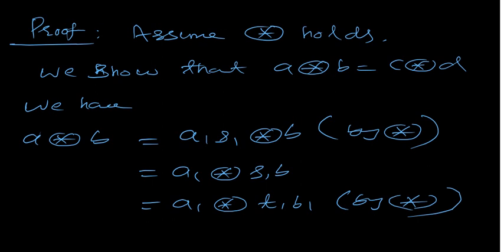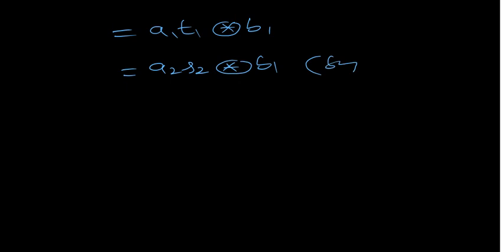Okay, next this A1 tensor T1 B is same as A1 T1 tensor B, as already explained. It's equal to A1 T1 tensor B1, but this A1 T1, it's equal to A2 S2 tensor B1, again by equation star, and that's equal to A2 tensor S2 B1.